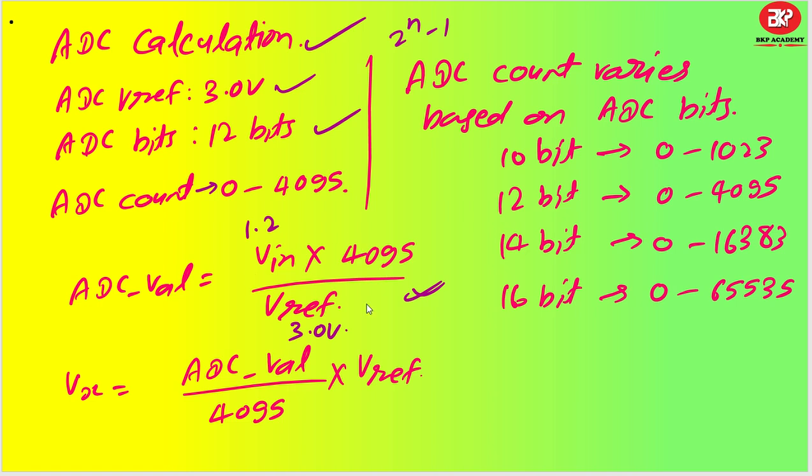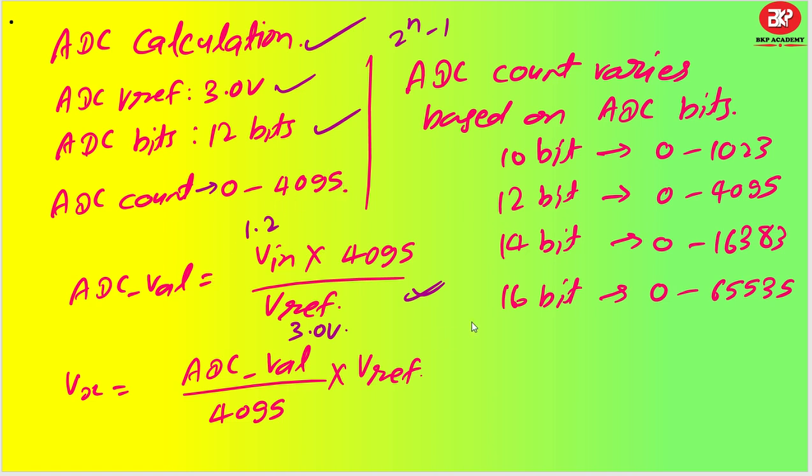This is how you will calculate your ADC output. Understood? As this input voltage goes on increasing, can you observe, if it becomes 3 volt, the 3 gets cancelled, so you will get the maximum ADC value. If the input is 0, then you will get 0, so you get 0 to 4095.